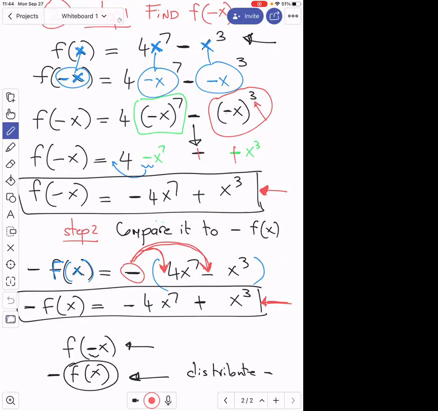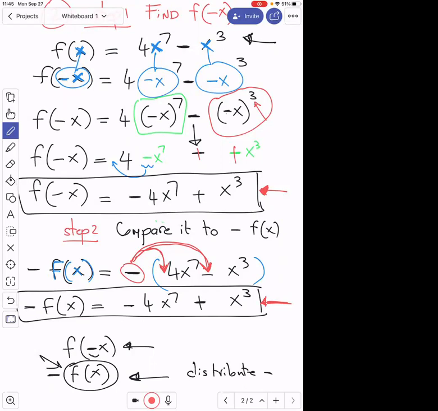Okay, here you just substitute x by minus x. There's no distribution of the minus sign here. You're not multiplying the whole f by minus, right? You're just multiplying x by minus. That's different. But here you distribute, as I said, because I'm multiplying the whole function by minus, which is like -1.